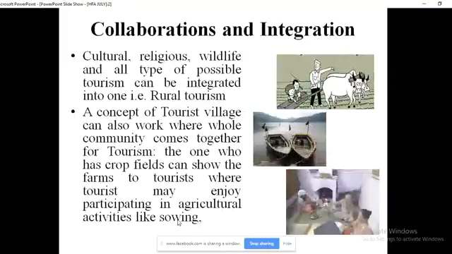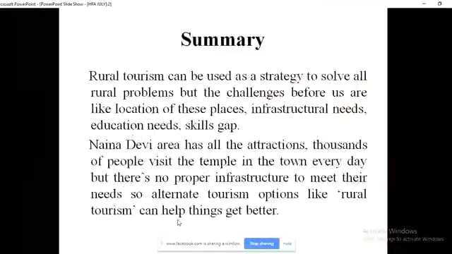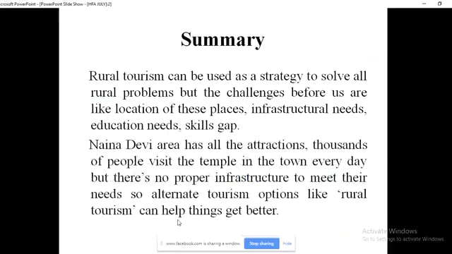Overall, the locals don't have time to do such things like hosting tourists because they are involved in agricultural activities. They are overburdened and they don't have time. There is a lack of time. So these are the challenges that the rural community has to overcome to really develop rural tourism.